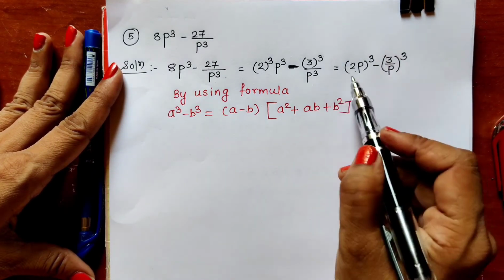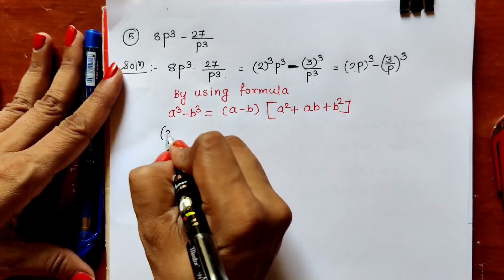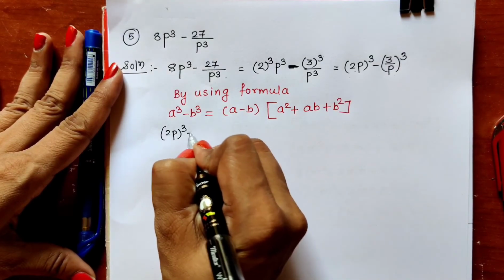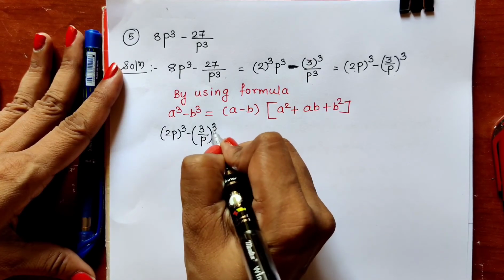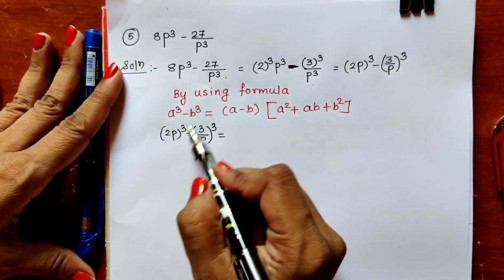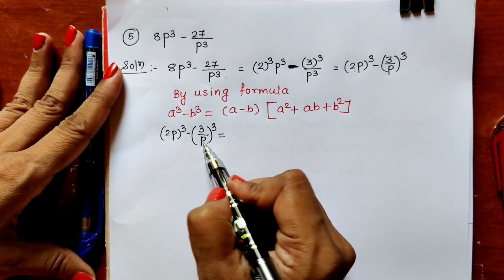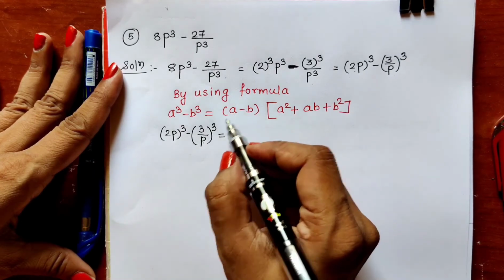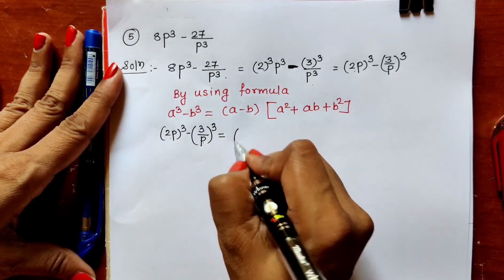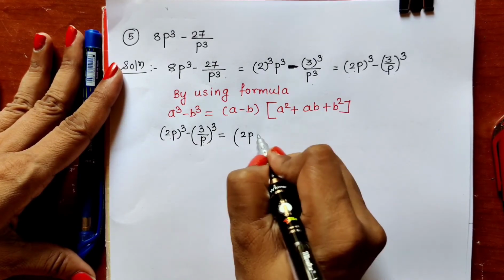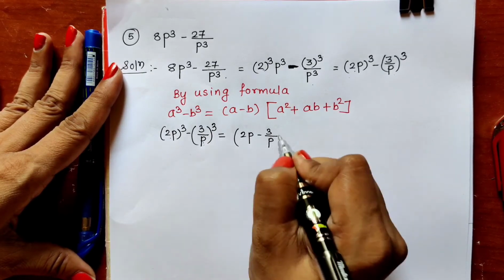Now we will be writing this answer, which is 2p whole cube minus 3 upon p whole cube. So our a is 2p and b is 3 upon p. That means in place of a we write 2p, in place of b we write 3 upon p. So write 2p minus 3 upon p.